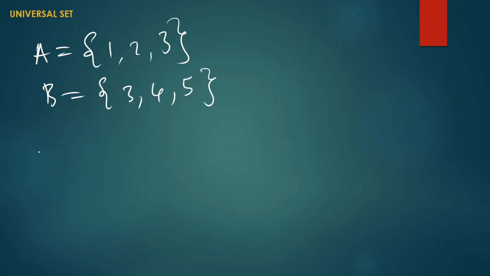If we have another set, which we are going to call E, or some books use U, some books use capital letter X. So it depends on the book that you are using. I'm going to be using E myself. So if we have another set represented by E, which has the elements 1, 2, 3, 4, 5.